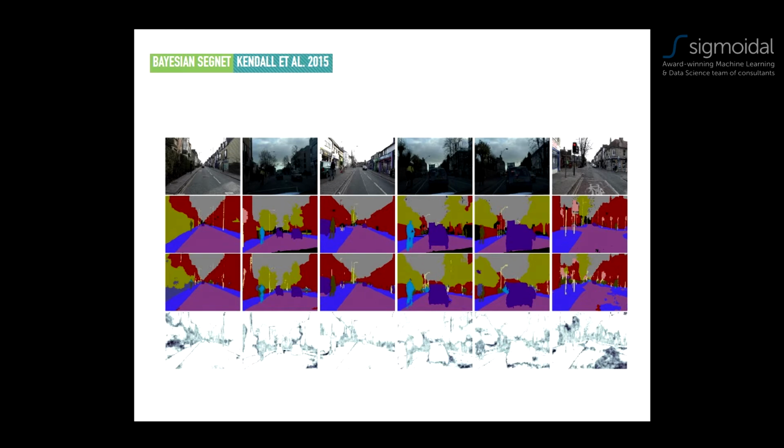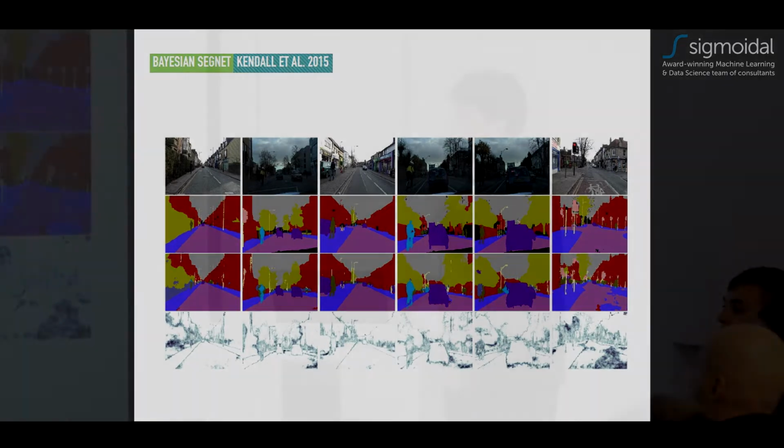So, given an image, you want to provide what we call a class mask, where for each pixel you're assigning a class, usually from a predefined set of classes, which the model believes that this pixel belongs to. And here you may see the original picture, here you may see the ground truth, here you may see the prediction, and the most interesting part is the uncertainty prediction here for a given pixel.